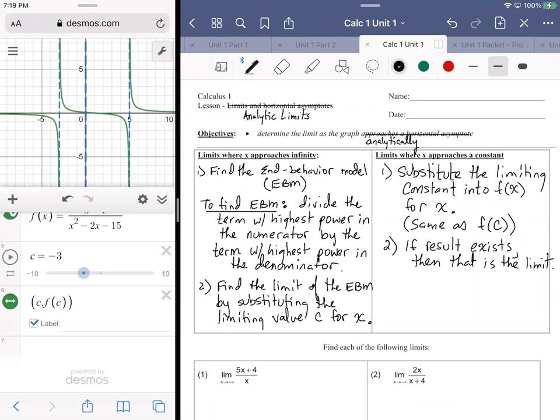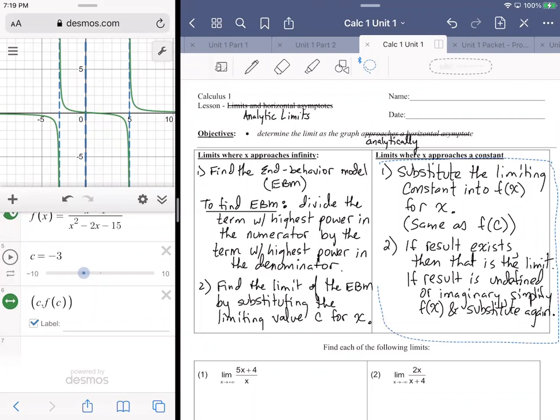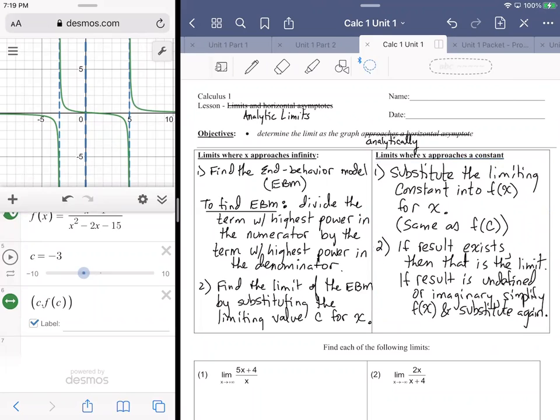If the result is undefined or imaginary, simplify f of x and substitute again. All right, so that's going to be the case where you substitute that limiting constant in again, but this time into the simpler form of the expression.